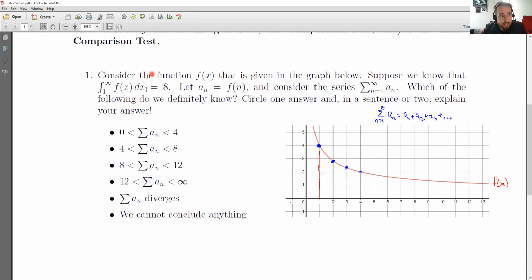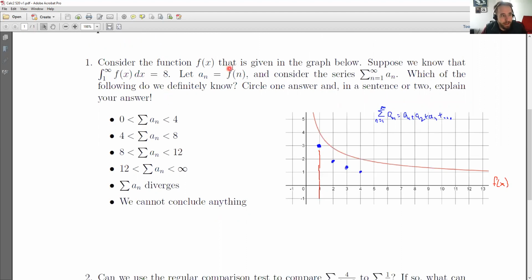That being said, let's assume that the total area is equal to 8. That total infinite integral is equal to 8. Let's try to figure out what this series might be equal to. We have these 6 bullet points to choose from, so our answer should be one of these 6.